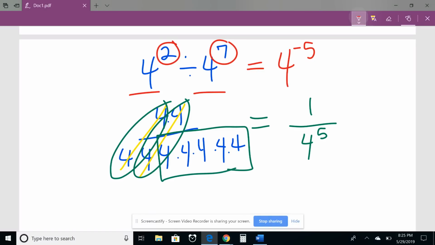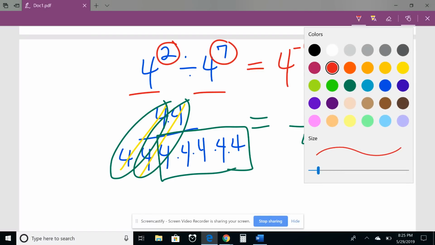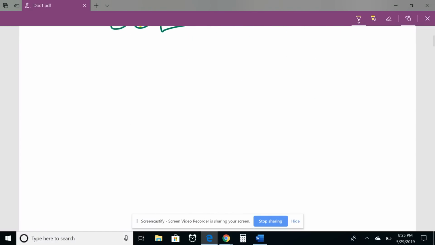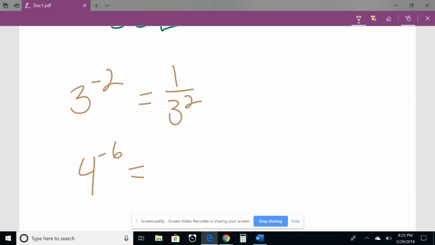When you have negative exponents, they turn into a fraction where the base and the exponent go to the bottom, and there is a 1 left on top. Another example: 3 to the negative second would be 1 over 3 to the second. 4 to the negative 6th would be 1 over 4 to the 6th.